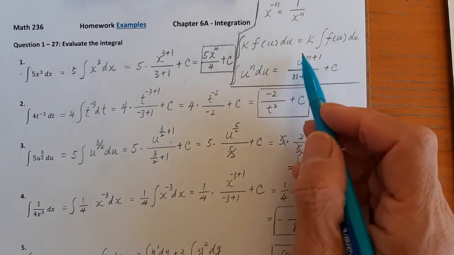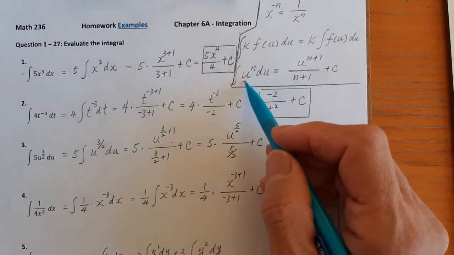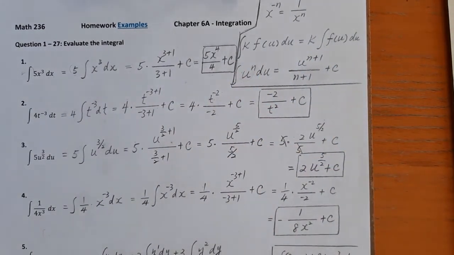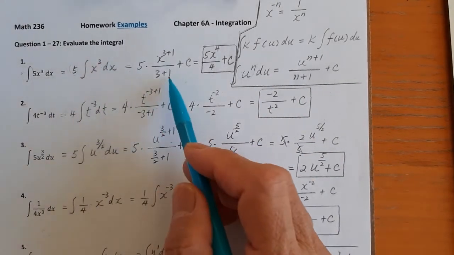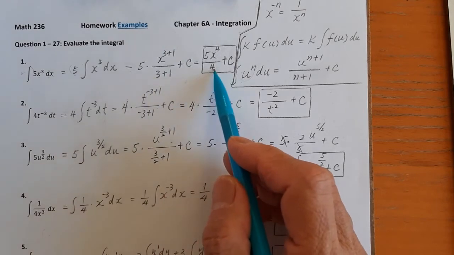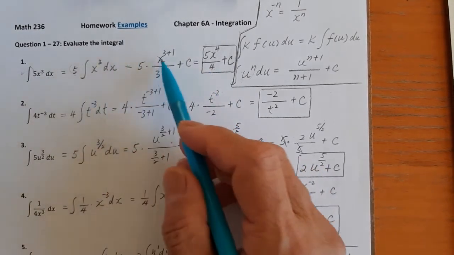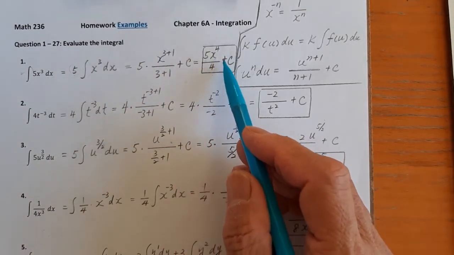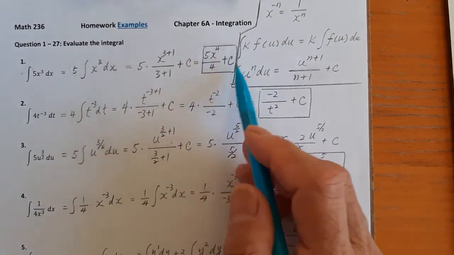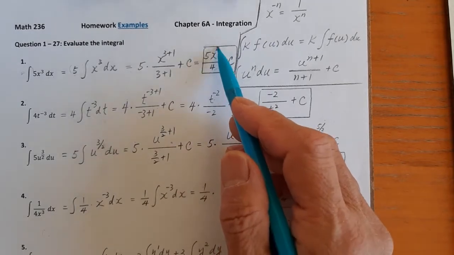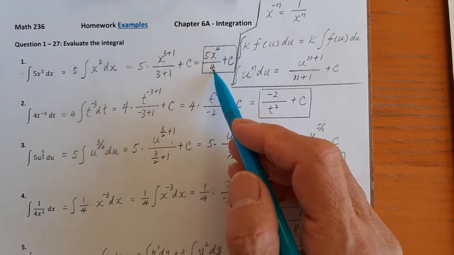is equal to u to the power n plus 1 over n plus 1 plus c. The reason is that when you take the derivative, you go back to u to the power n. So taking the integral, 3 plus 1 gives 4, and we get x to the power 4 over 4 plus a constant. Then you can check it. Take the derivative, and the 4 from the exponent cancels with the denominator 4.